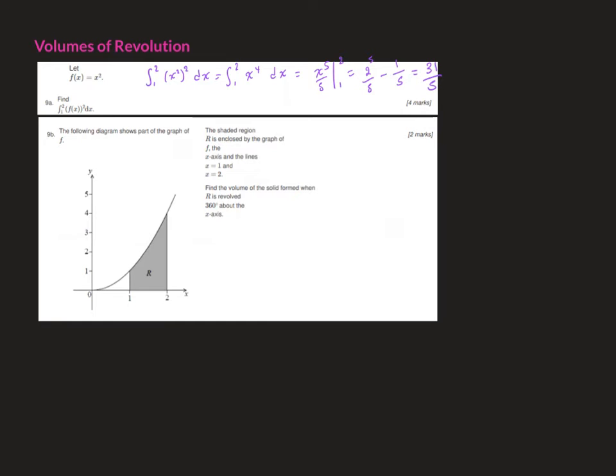That means that the volume of revolution is going to be pi integral from 1 to 2 of the function squared with respect to x. So we already calculated this integral in part A. So the volume is going to be pi times 31 over 5. So the volume of our solid R is going to be 31 pi over 5.